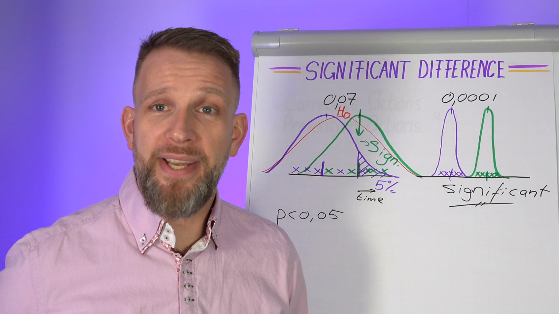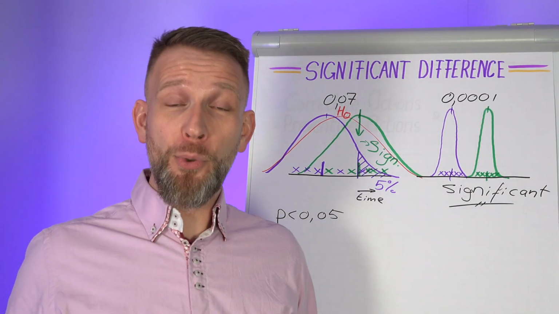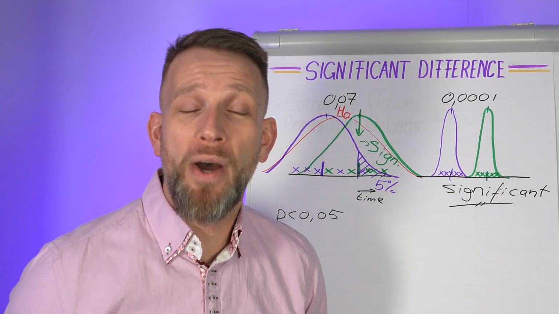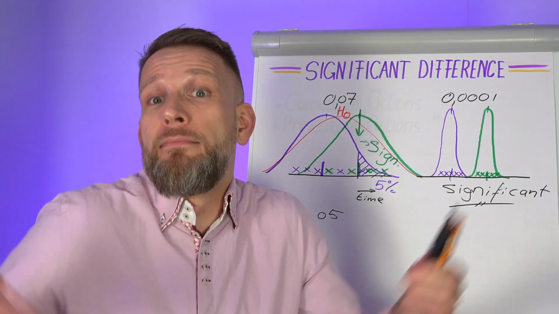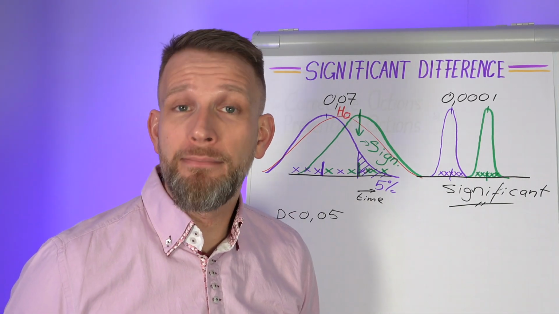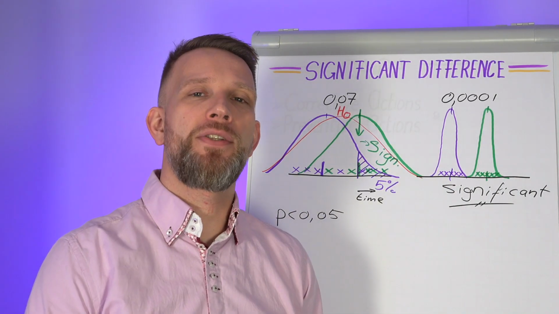Because 5% is 1 in 20, so purely by chance, 1 in 20 will give you a random significant difference.